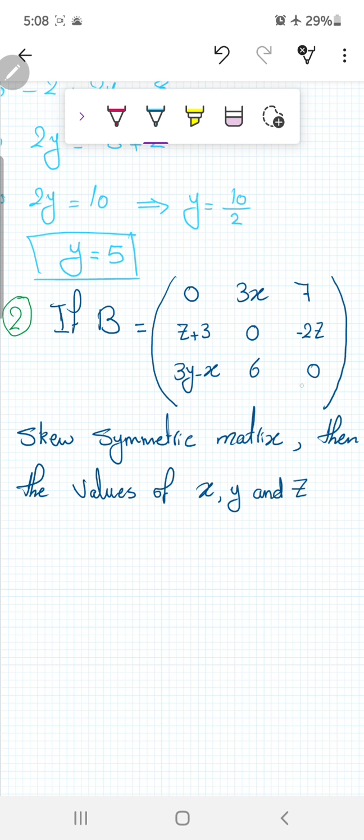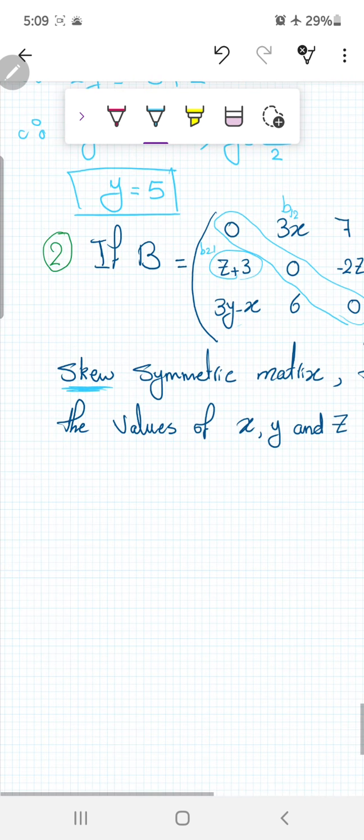As we said, for the skew matrix, we have B1 2 equals B2 1, and so on, B1 3 equals B3 1, and also B2 3 equals B3 2, but with a negative. Why? Because here it is a skew matrix.